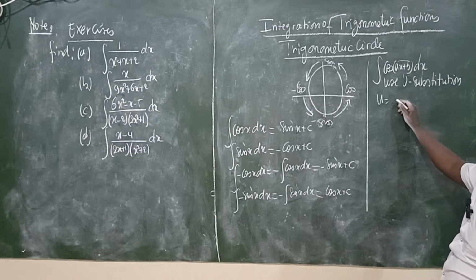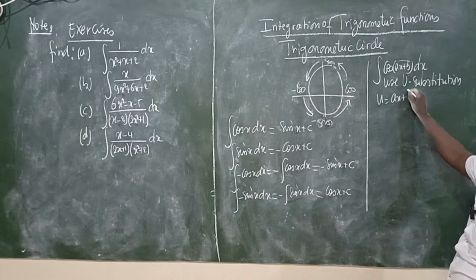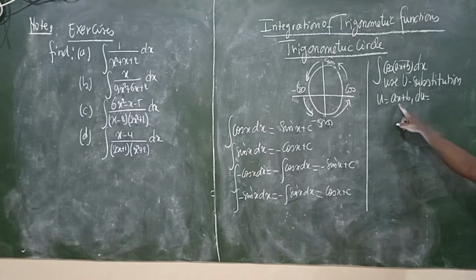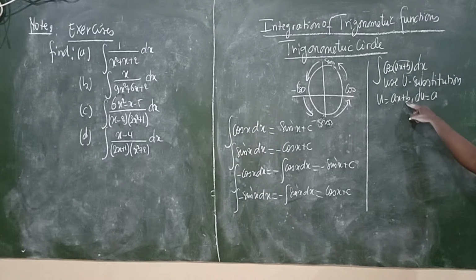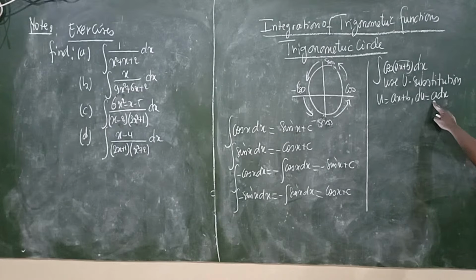Here u is equal to ax plus b. The derivative of u will be the derivative of ax, that is a, while the derivative of b is 0 because b is a constant, times dx. The next thing we do is to find dx. dx is going to be du divided by a.